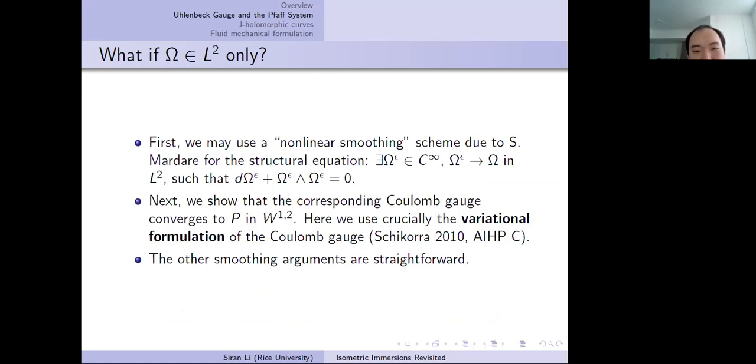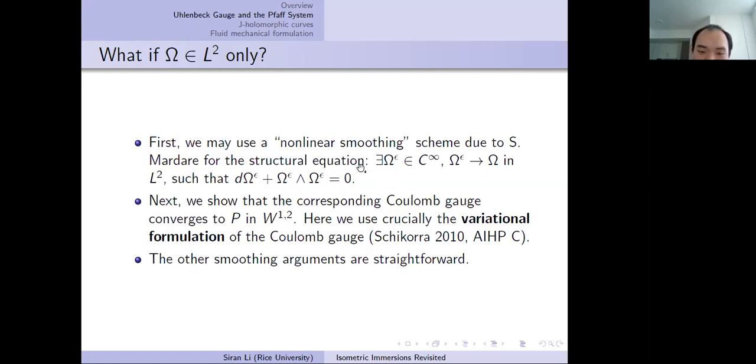Now the problem is: what if this connection one-form is only in L^2? Here we have various places where we have to smooth out things. The first non-trivial thing is a nonlinear smoothing scheme due to Mardare. Mardare discussed the structural equation and whether we can smooth that.